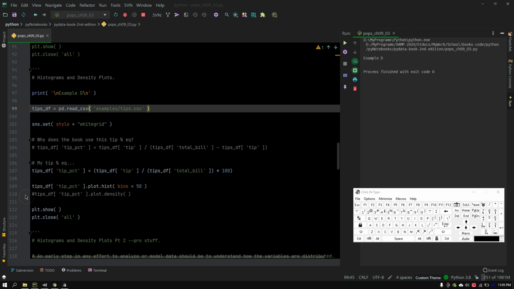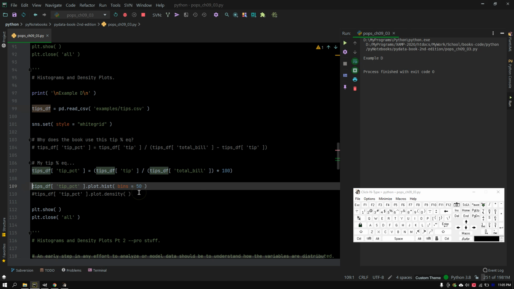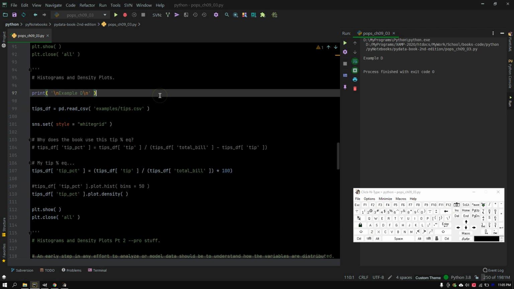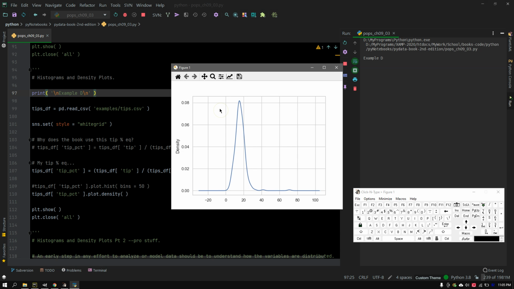Now we're going to see a Seaborn density plot. Right on, I love these ones.